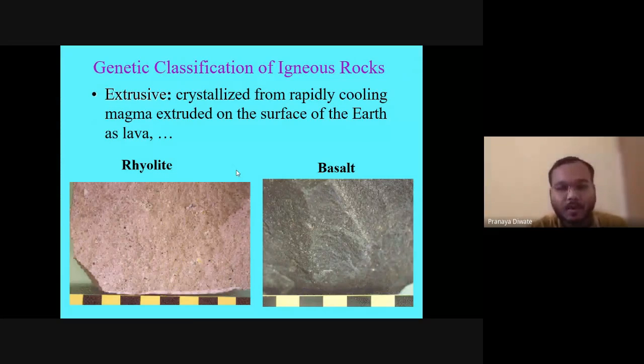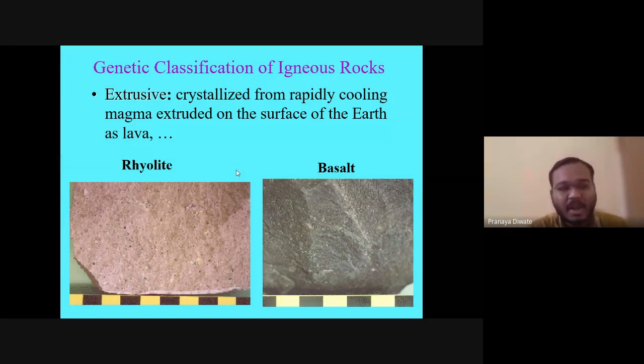They are quenched. This process is known as quenching. Because of the quenching process, they exhibit a glassy texture.